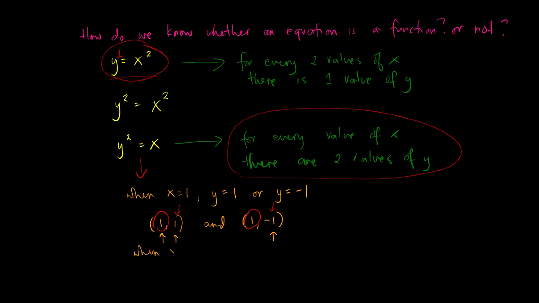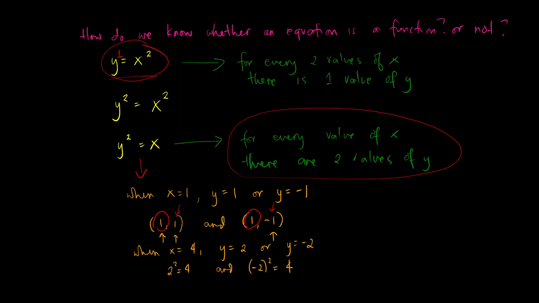Now, when x is equal to 4, y can be equal to 2 or negative 2. Why? Because 2 squared is 4 and negative 2 squared is also 4.